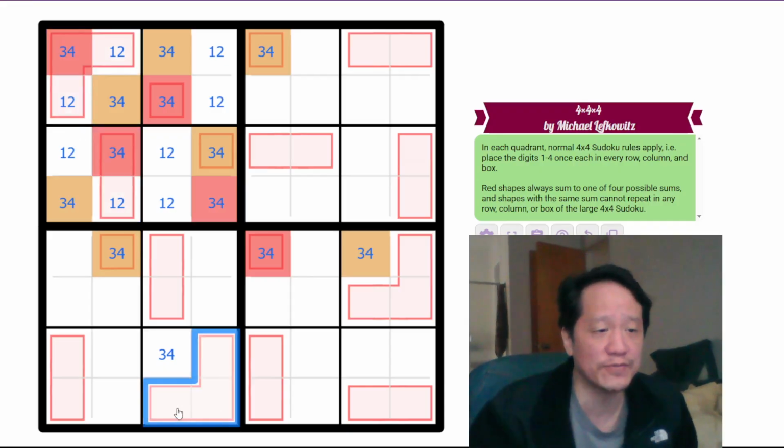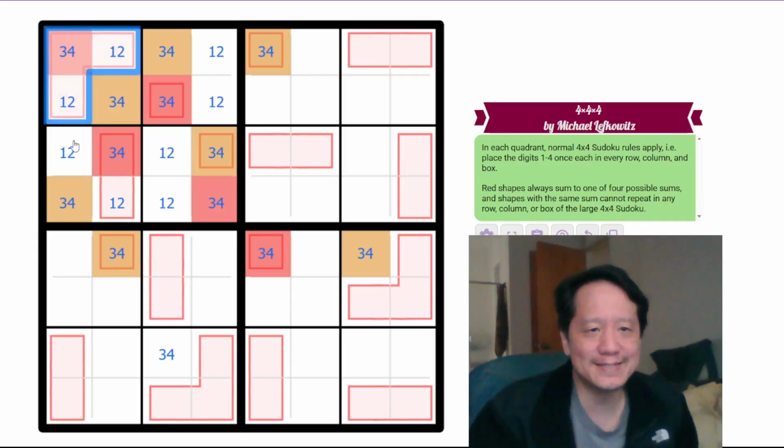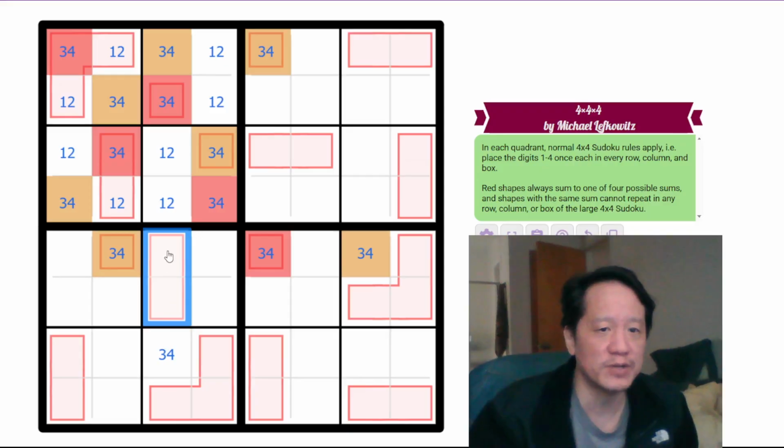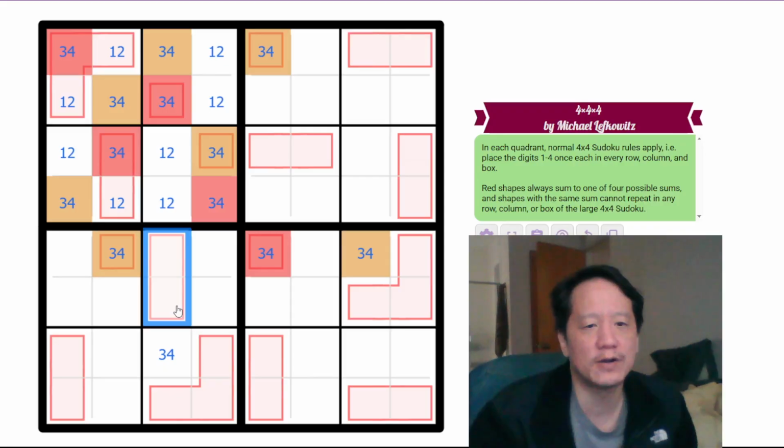This can never add up to 5, so this would add up to 6, which would force that to be 5. However, if this is 7, the problem is this can never add up to 7 because they would both see this cell, and it would be 3, 4 as a pair, adding up to 7, which would eliminate all possibilities for that cell. So this must match this one, which means this cannot be the red 3, 4.